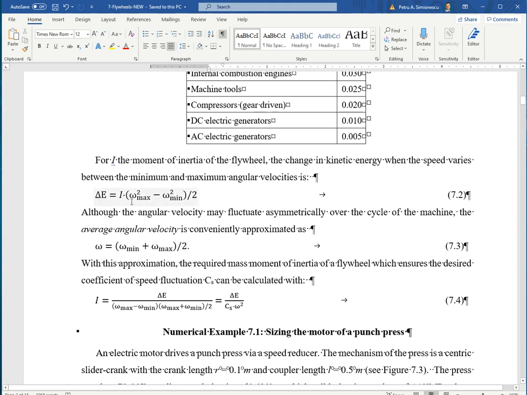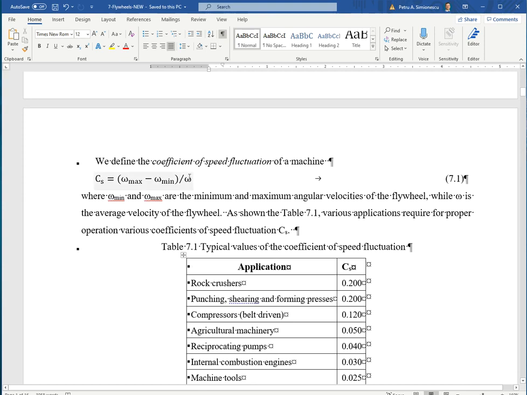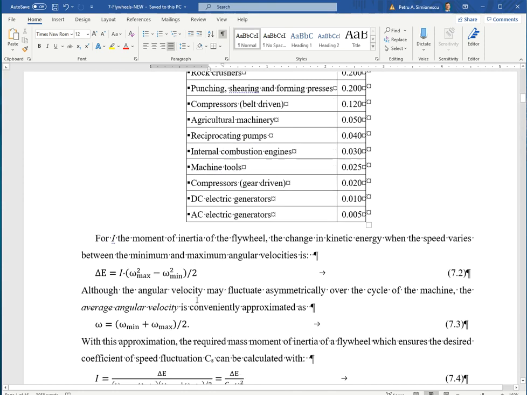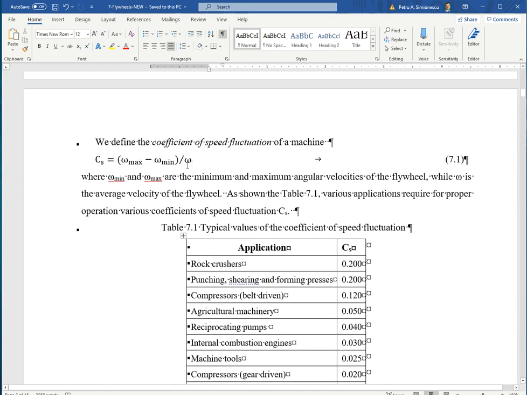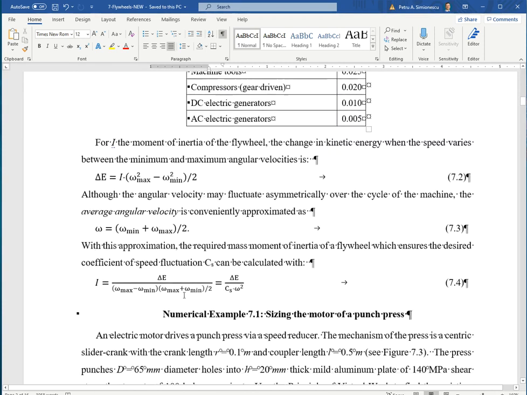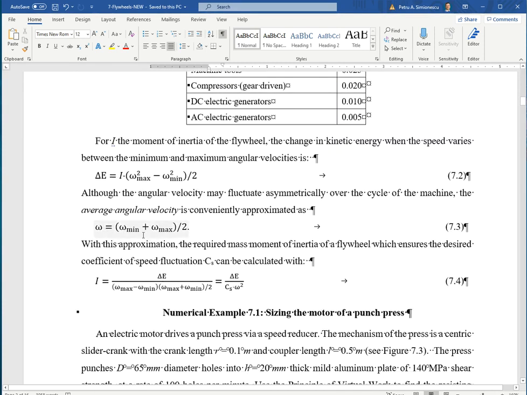Now introducing the coefficient of speed fluctuation. Okay, and then I never defined omega. I said it's the average angular velocity, but for convenience, we're just going to take it as the average of the minimum and maximum omegas. And with this, and using the coefficient of speed fluctuation, what do we do?